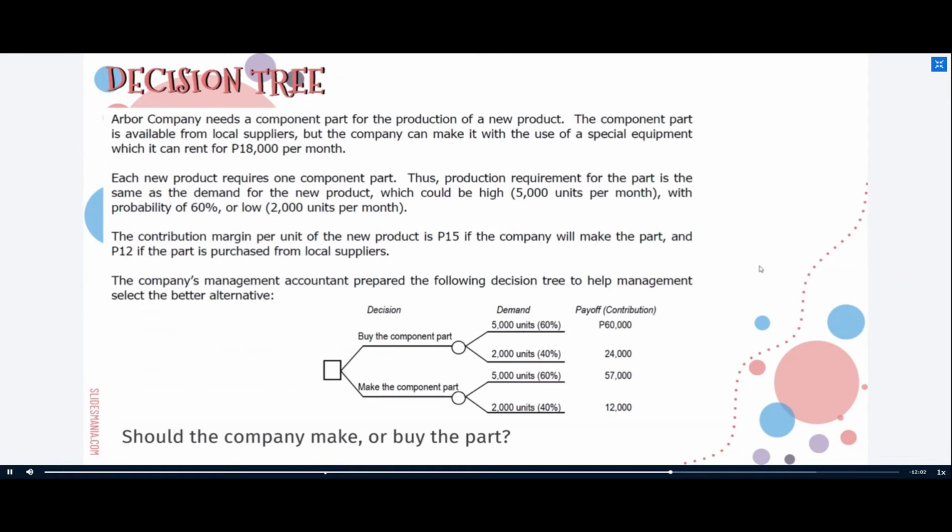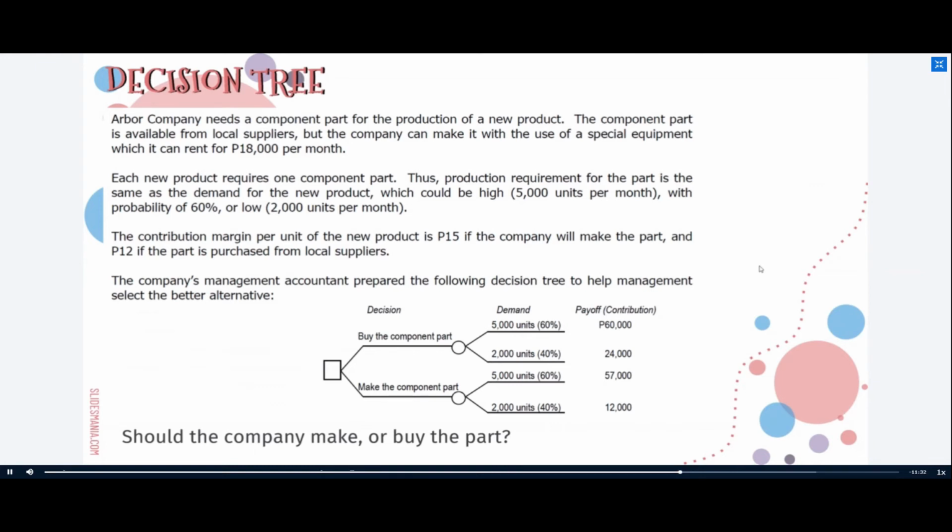Sige, let's try this one. Arbor company needs a component part for the production of a new product. The component part is available from local suppliers, but the company can make it with the use of special equipment, which it can rent for 18,000 pesos per month. Each new product requires one component part.